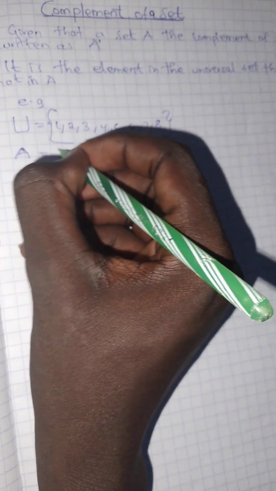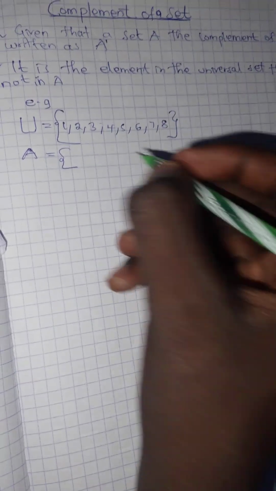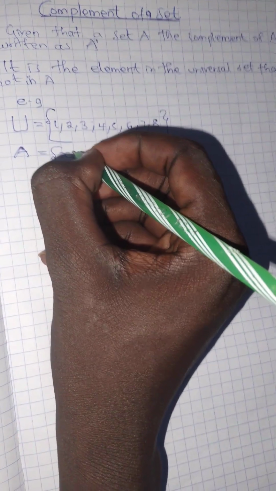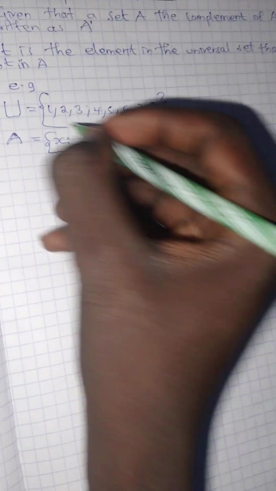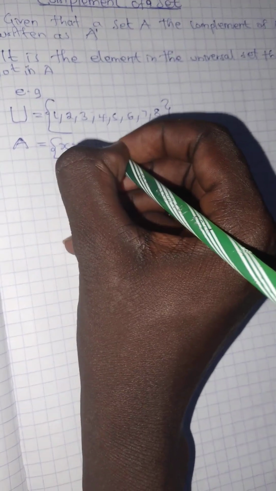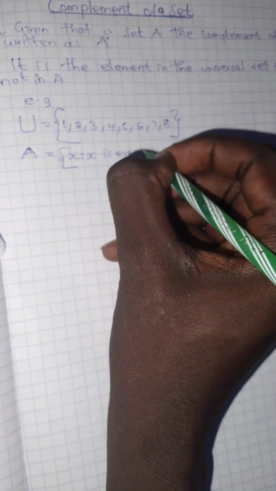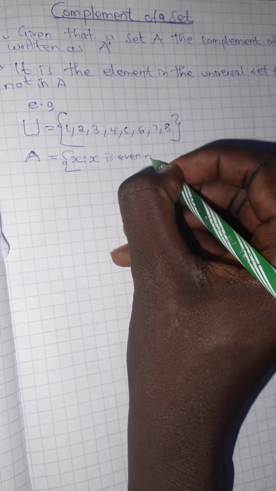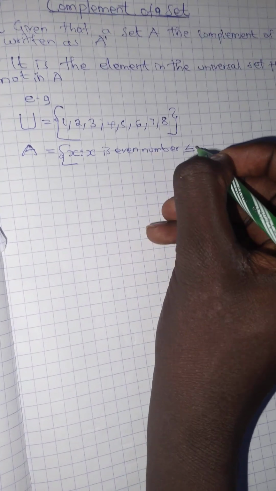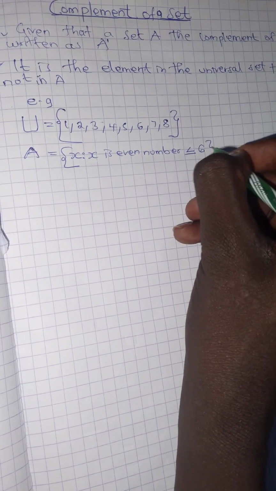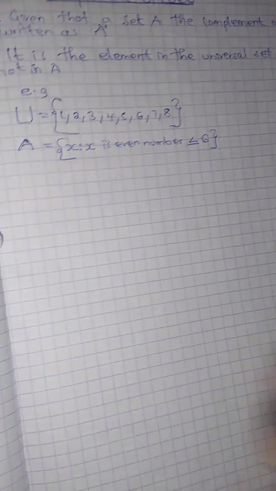Set A is written in method of intension: X such that X is an even number less than or equal to 6, within a curly bracket.